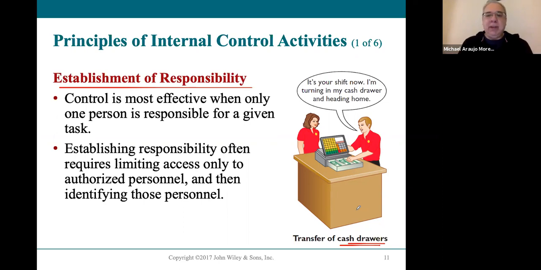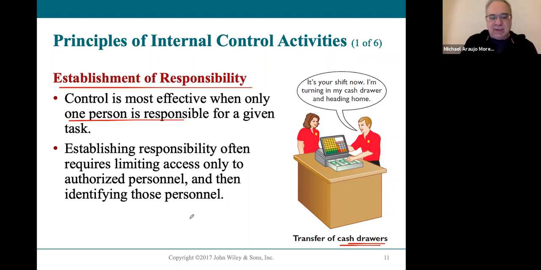They are ultimately accountable. And so, oftentimes you'll have people that have their own drawers when they set up a cash register. So, establishing responsibility again, if one person is responsible for a particular task and something goes wrong, something is missing, you know who you're going to ask first, right?